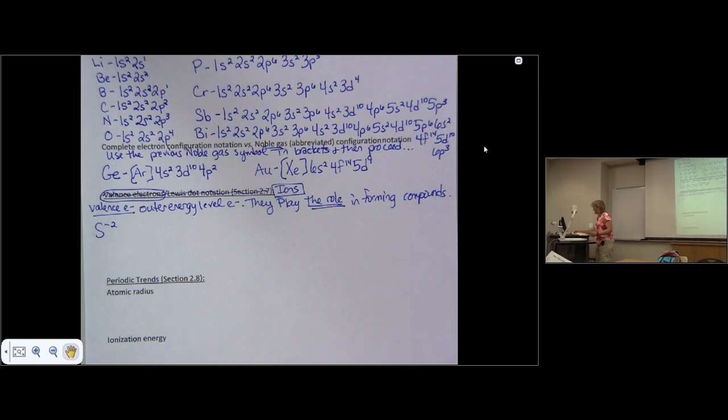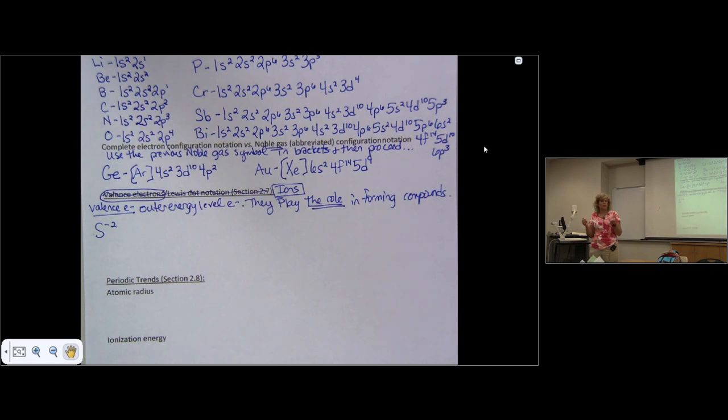Okay, sulfide. Have we got it? Sulfide has a charge of what? -2. How did it get the charge of -2? Give me general. It gained 2 electrons. So now, here's the question.